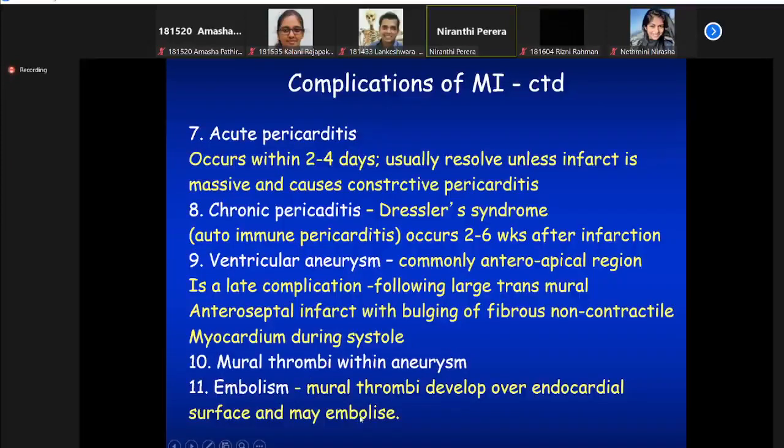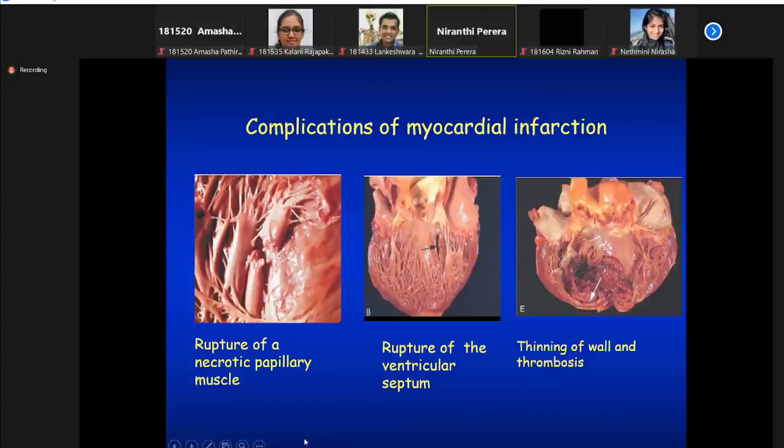You can get a stroke if it goes to the brain, acute bowel ischemia if it goes to the gut, and renal infarcts if it goes into the renal arteries. From the iliac, popliteal and femoral vessels, you can get embolism and infarction in the leg, with intermittent claudication and infarctions.